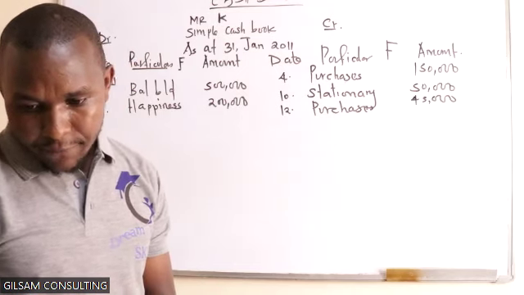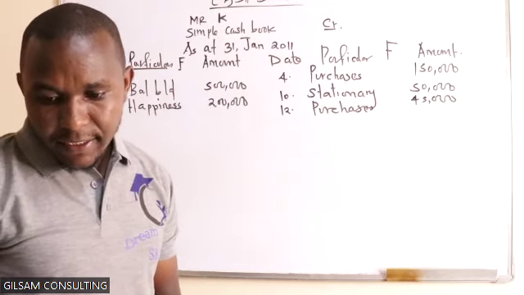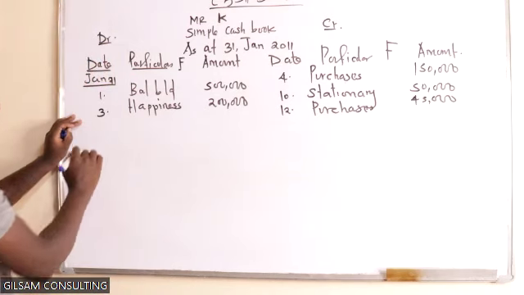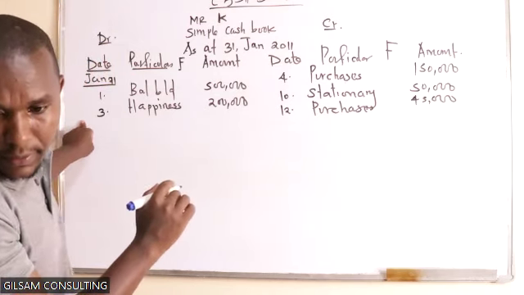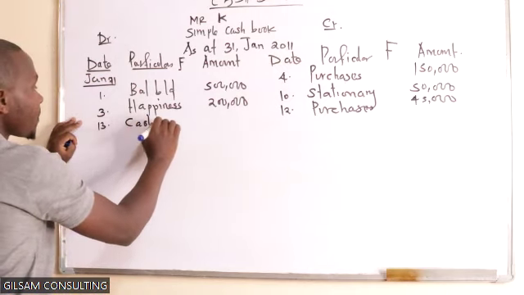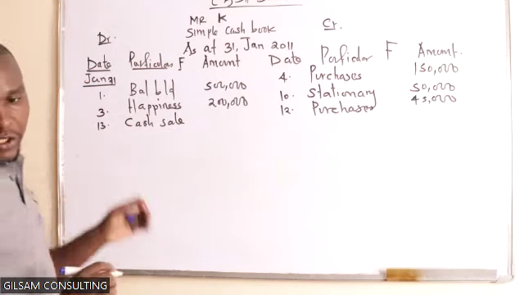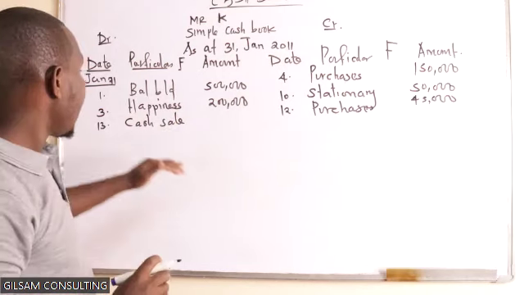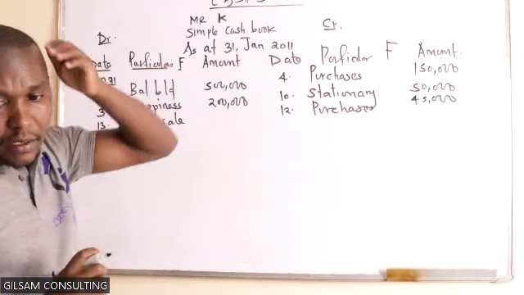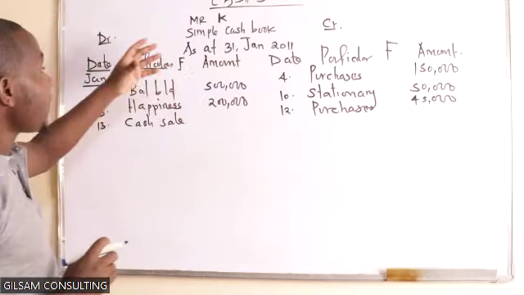And then we have cash sales to date. Which date is that? Date 13. We have cash sales, or the sales account. The sales account is the one to write here because we will credit it. It is a double entry.